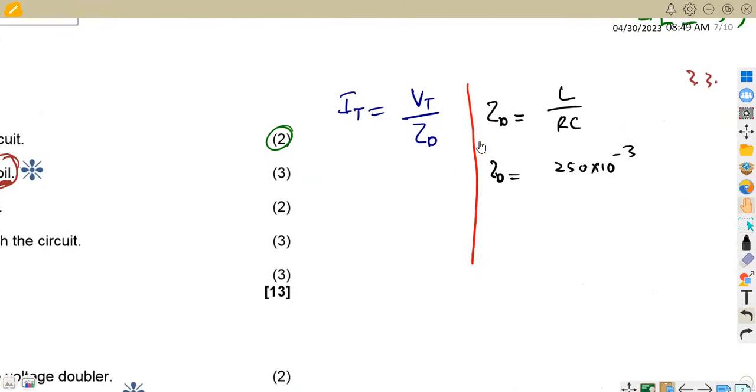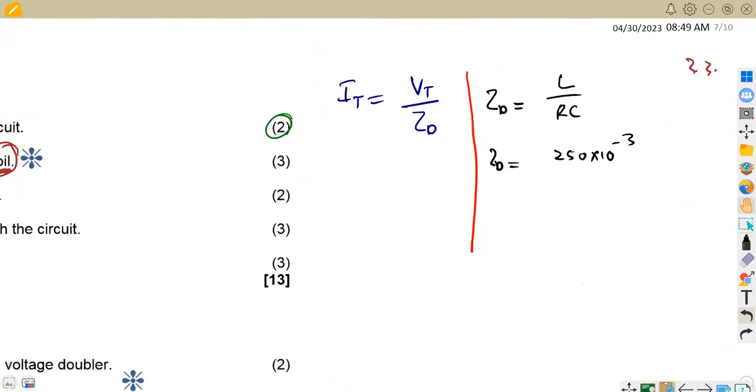So it's everything over 27 times 125 microfarads.